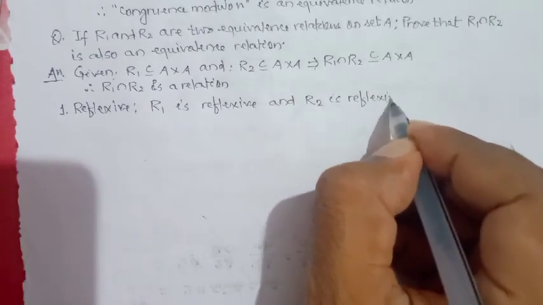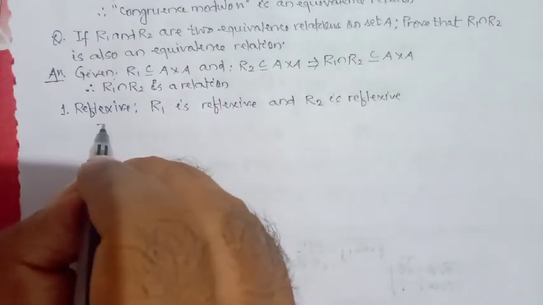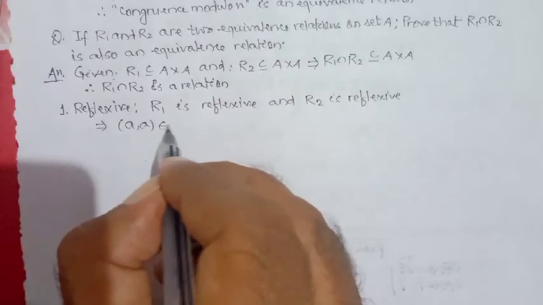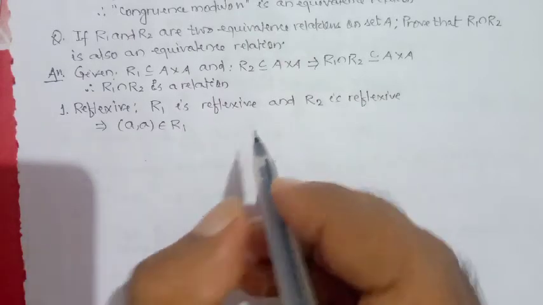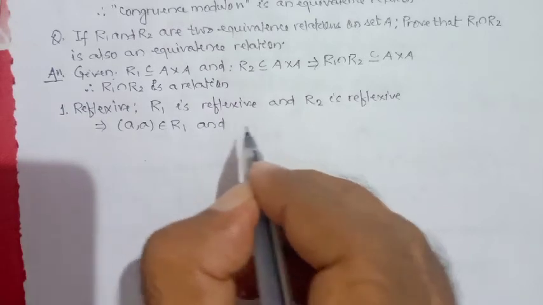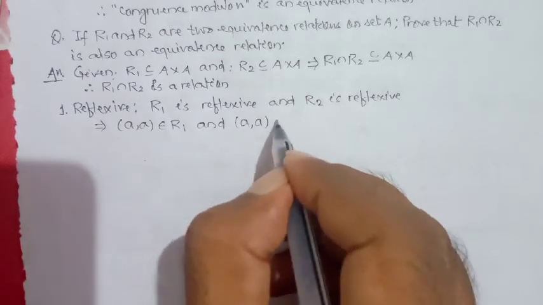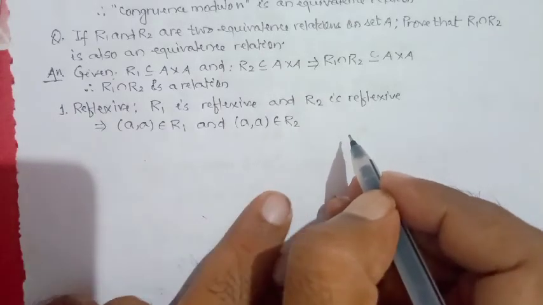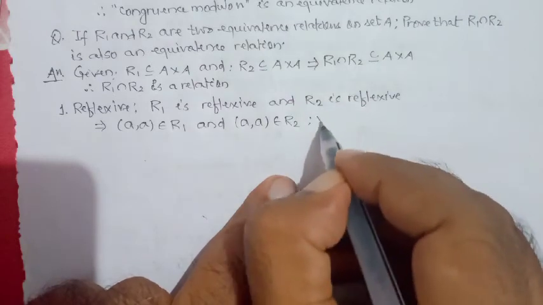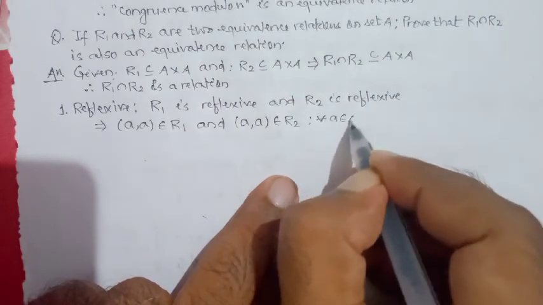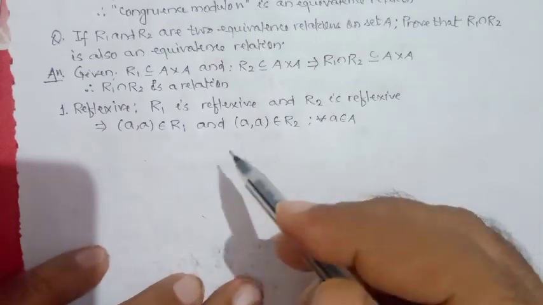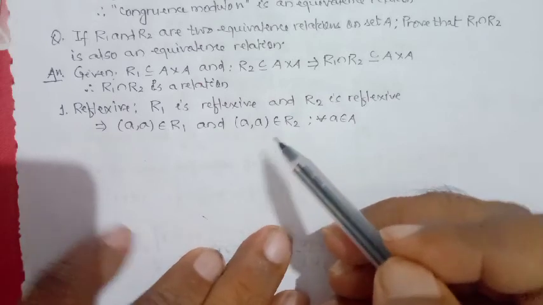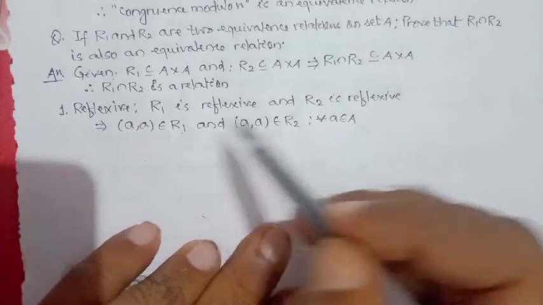R1 is reflexive, it means according to the definition (a, a) belongs to R1 and also (a, a) belongs to R2, for all a belongs to A. So (a, a) is a member of R1 and a member of R2, so it is a common member of R1 and R2.